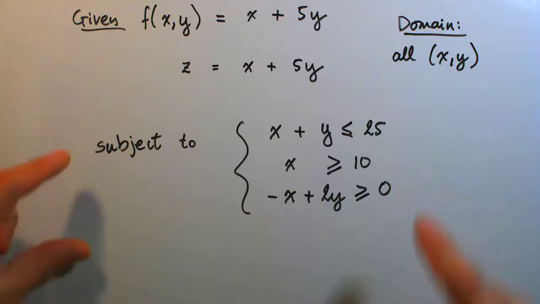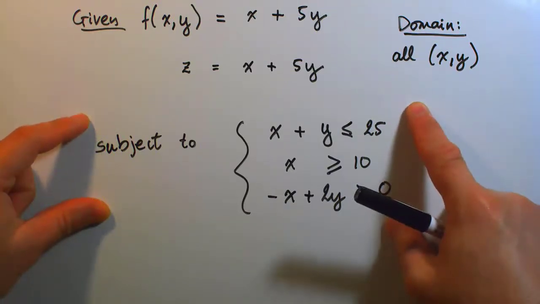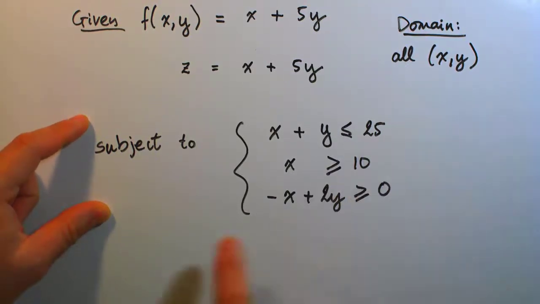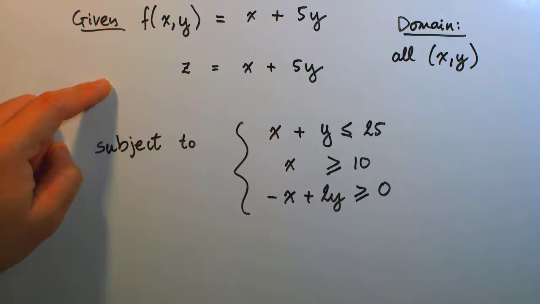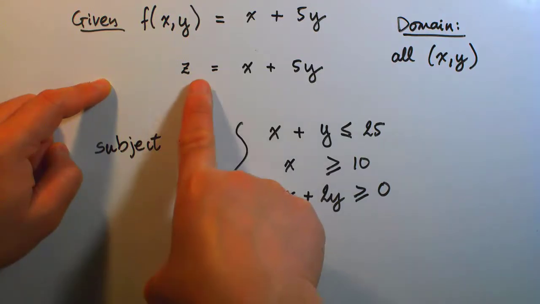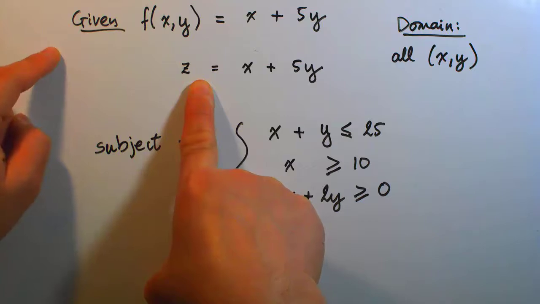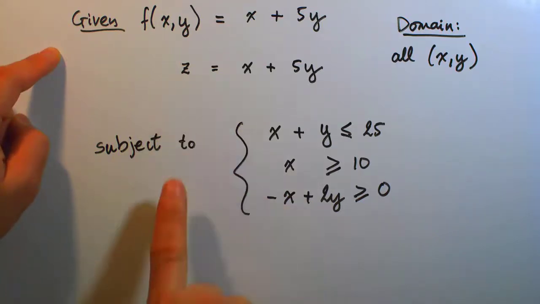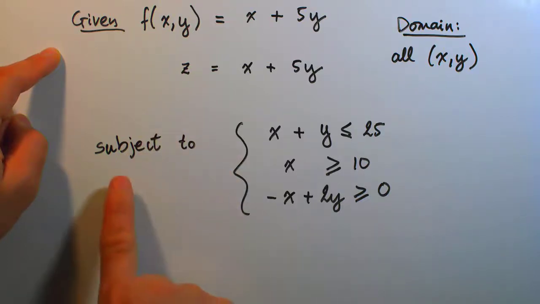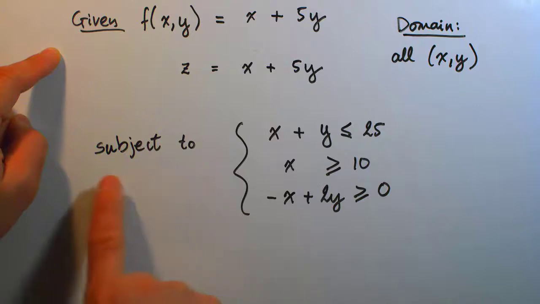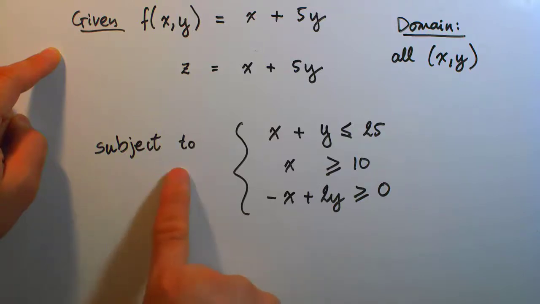So what is the meaning of having something like this? As I already said, in the types of problems we're doing in math for business, a lot of the time once we have a linear function in two variables given to us, it will always come with a requirement or a restriction, formally worded as subject to.